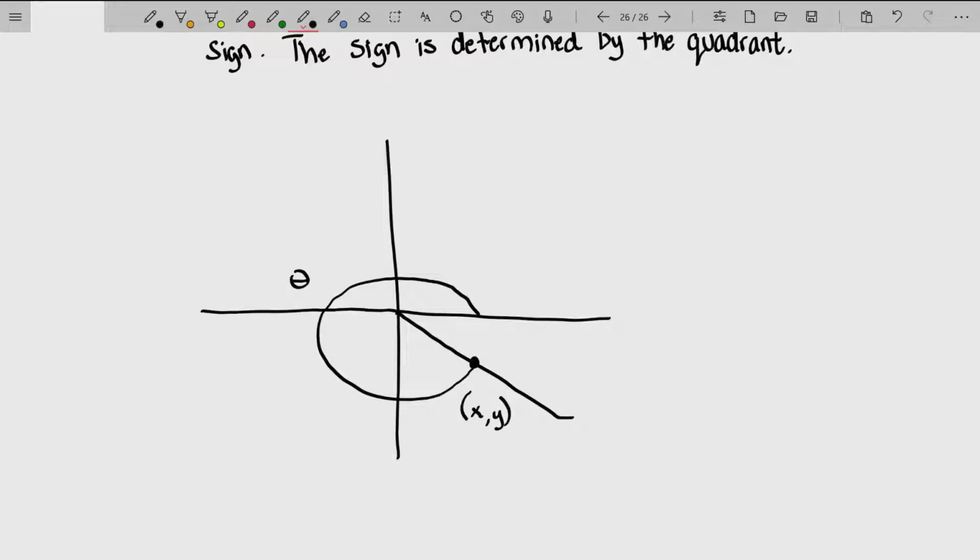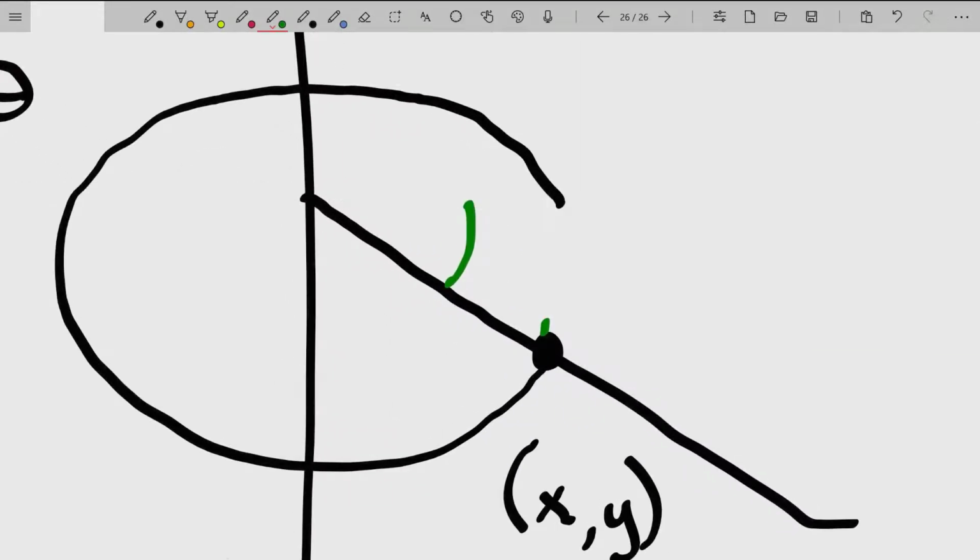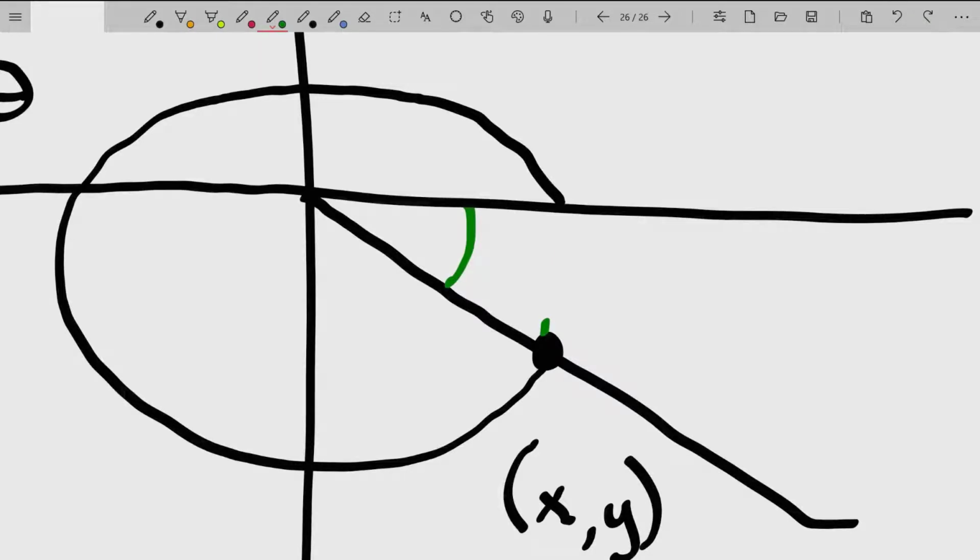Now, our reference angle, theta hat, builds for us a right triangle, in fact. That's a terrible looking picture. Let me actually clean that up. Except I didn't want to erase the x-axis. There we go. So we can build a right triangle right there. And this angle right here is theta hat.